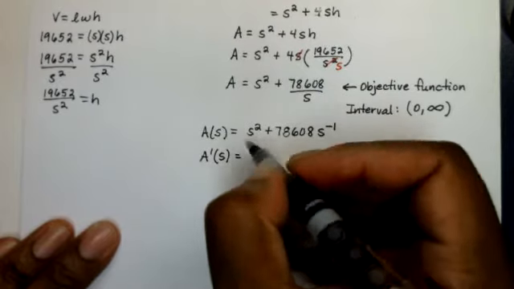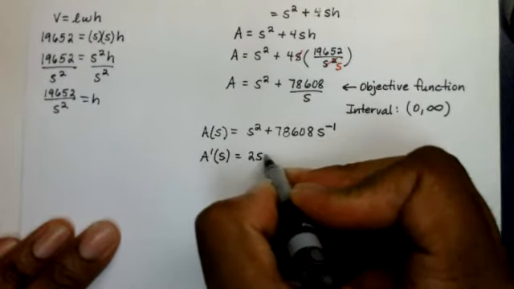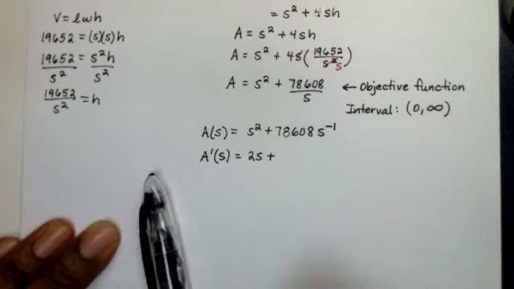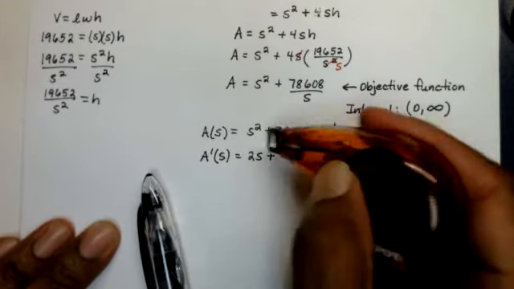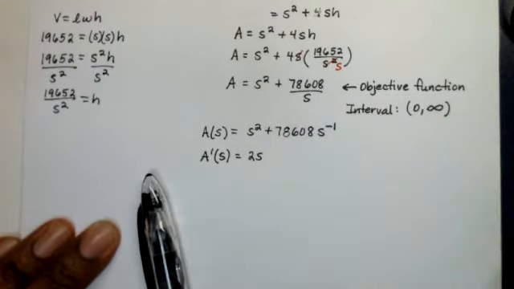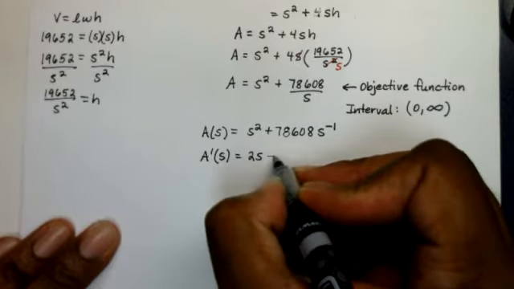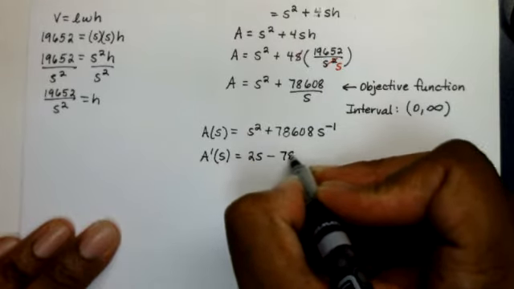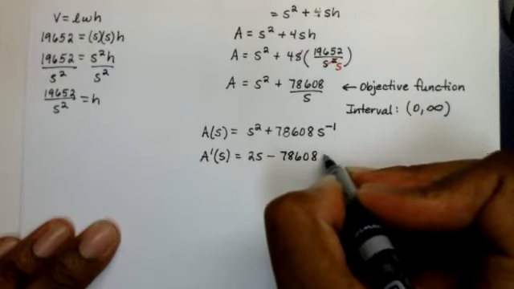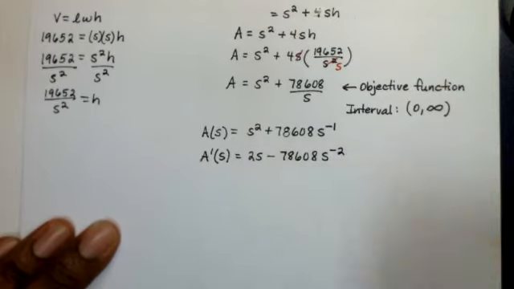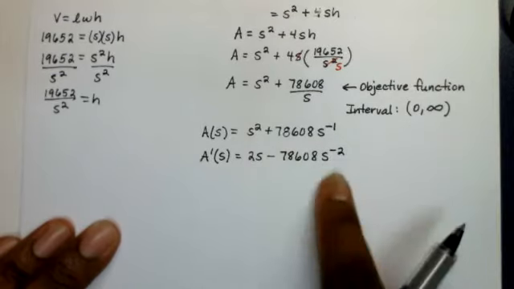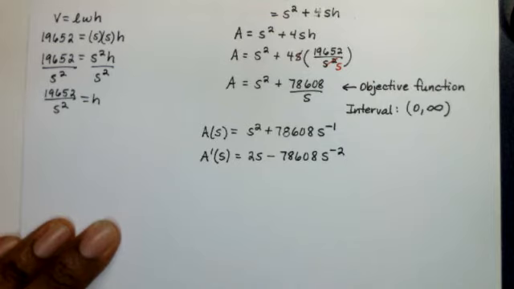All right, so A prime of S would be this. The derivative of S squared would be 2S, and then it's going to be minus when I pull the -1 down. It will be a minus sign, 78,608 times S to the -2, because the S has to be to the 1 less power when you take the derivative using the power rule.